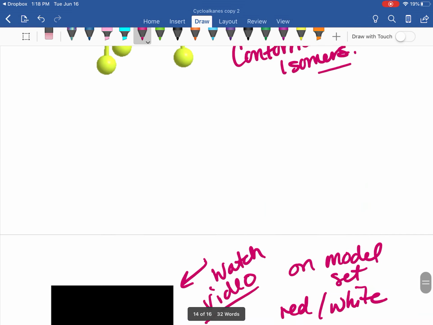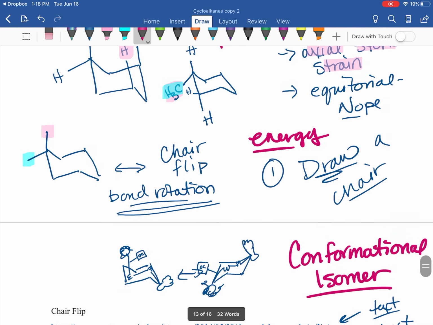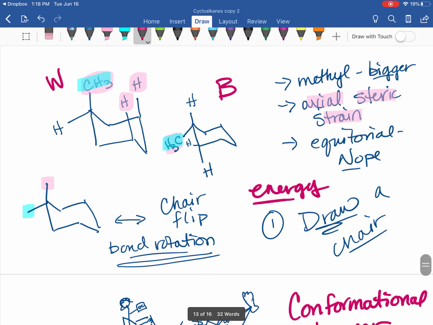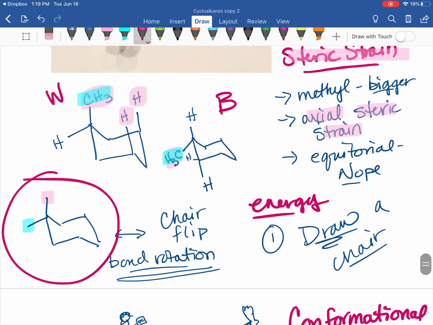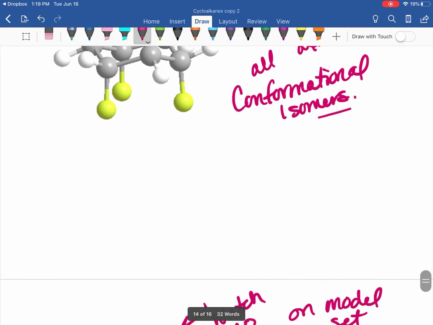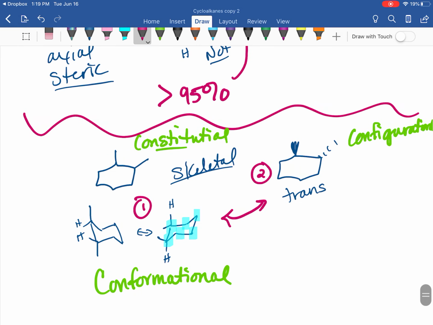Now that we've got our vocab and why we even give a crap, watch that little chair flip video. Take a look at these and at least master your chair, just the basic chair drawing. And then video number 3, we're going to put stuff on it, we're going to flip it, and we're going to connect it to our configurational isomers. Okay?